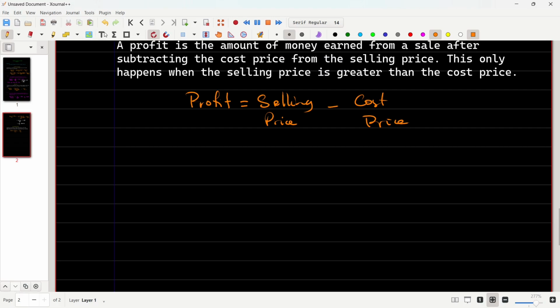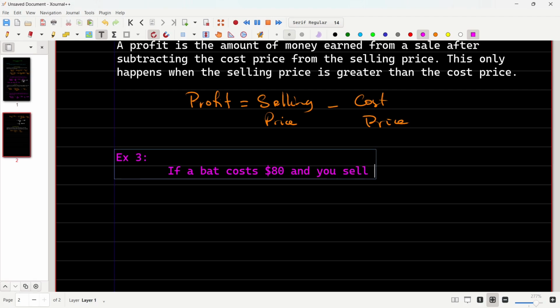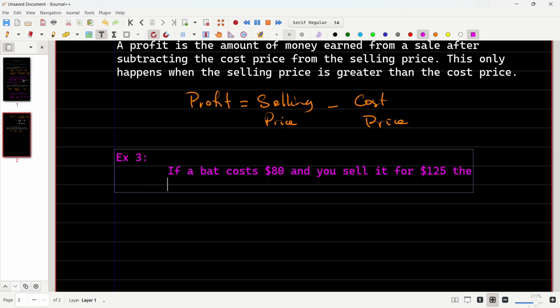So for example, let's say example 3, and we can see that if a bat costs $80 and you sell it for $125, then what is the profit?